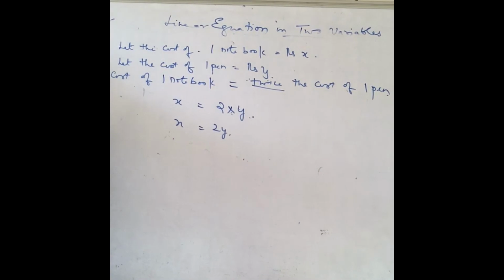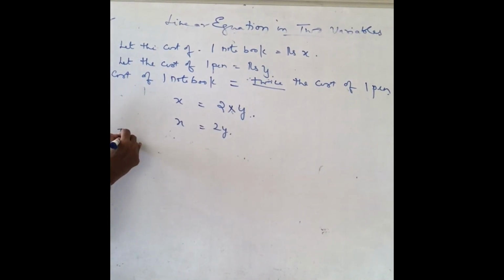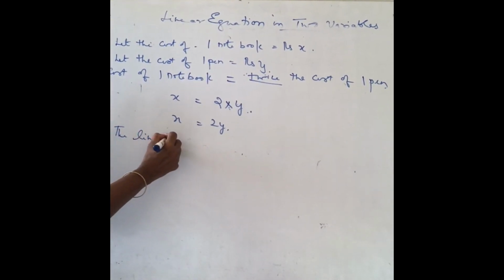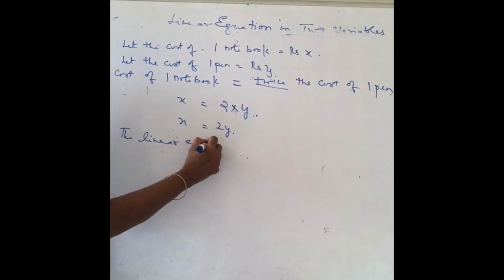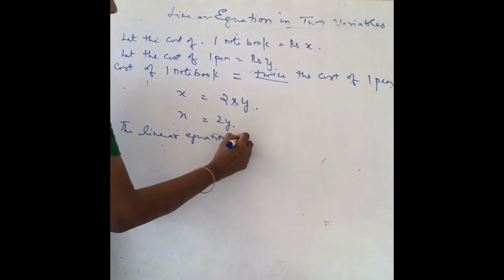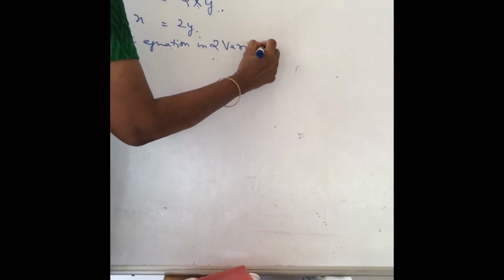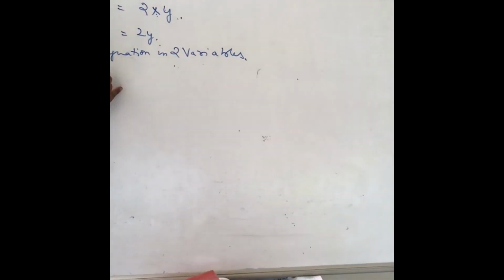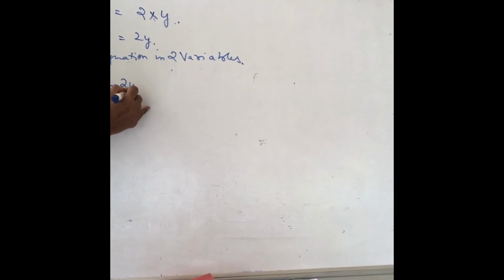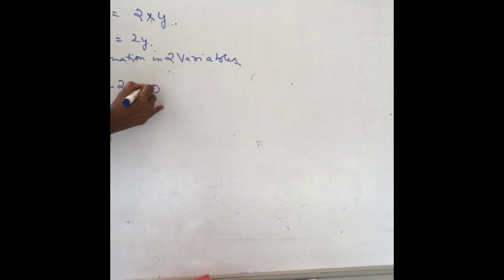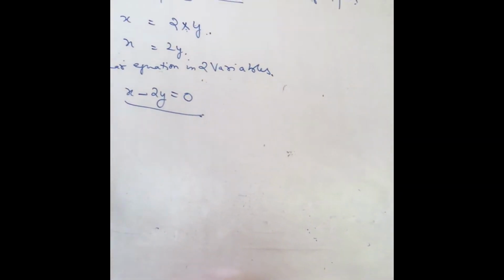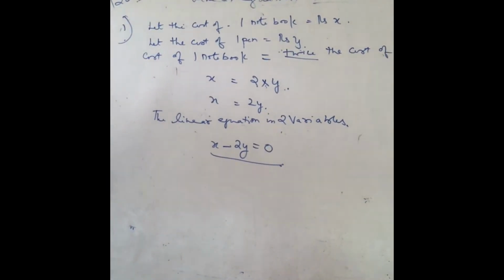And you are asked to write the linear equation in two variables. All the terms should be brought to the left side. We have no constant. So this is the linear equation in two variables. Yes.